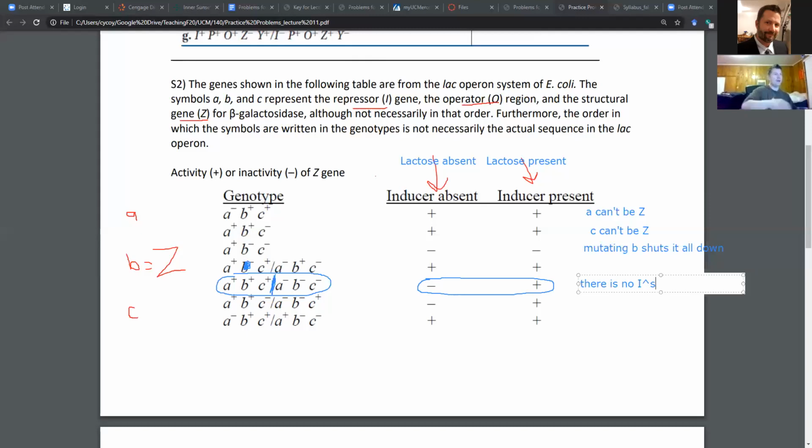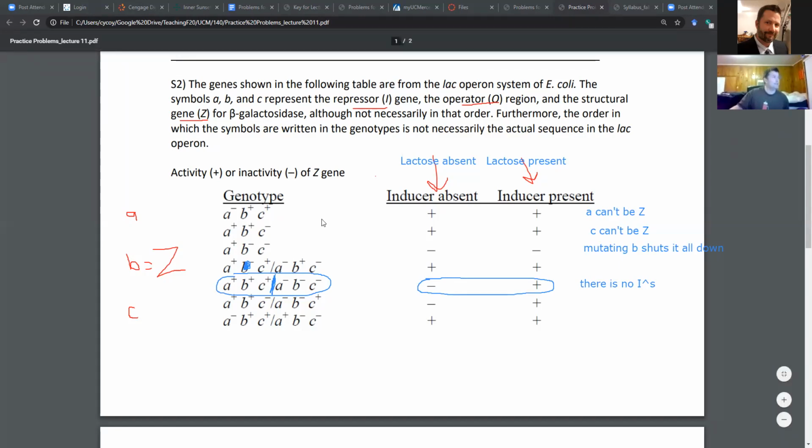There is no I superscript S. Because even if we don't know which one it is, if it's A, B, or C, if one of those were an IS, and over here we have all wild type, right? Over here on the left, all wild type, that means there's no constitutive operator to possibly counteract that IS. So if this still works with these three mutants over here, it can't be an IS. There's no IS involved. Okay.